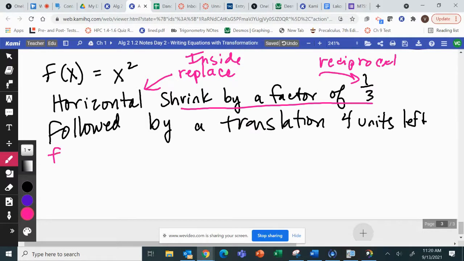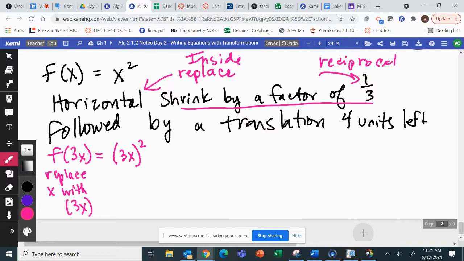So we're going to have f of what? 3x. That means replace x with parenthesis 3x. So in my equation, I'm going to replace x with 3x and then square that. We can either simplify now or move forward.